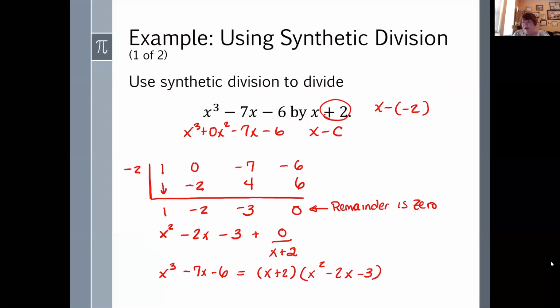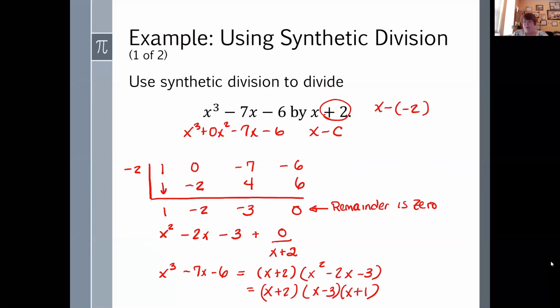And that quadratic factor, that's quadratic because it has an x squared in it. So I have a linear factor, x plus 2, a quadratic factor, x squared minus 2x minus 3. That factors to x minus 3 times x plus 1.